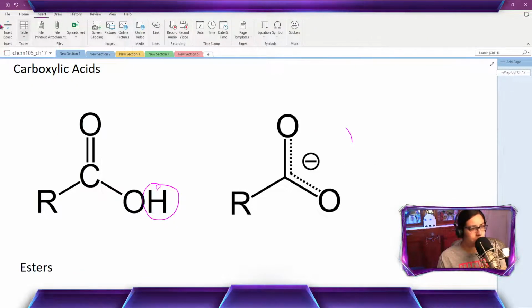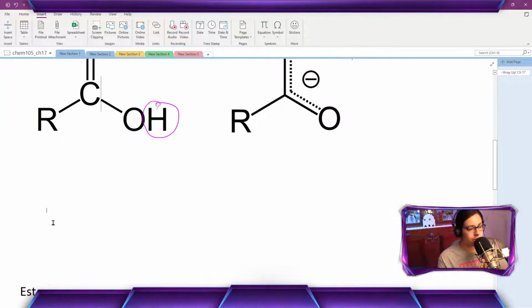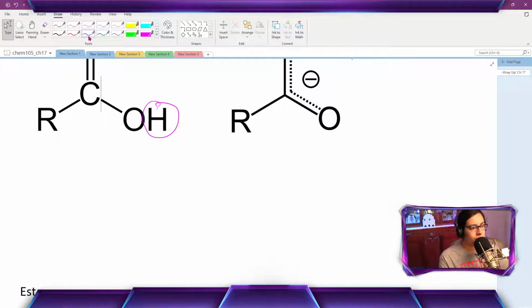Okay, so let's draw our structure. Let's just take a base. It could even be water as our base. It has electrons on here, so it comes and deprotonates, and those electrons then go to oxygen.